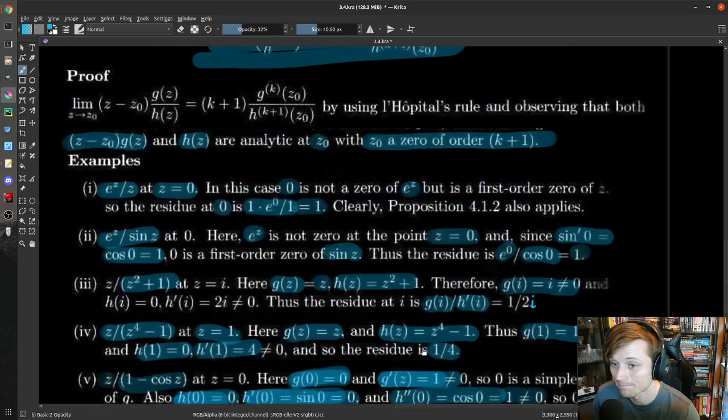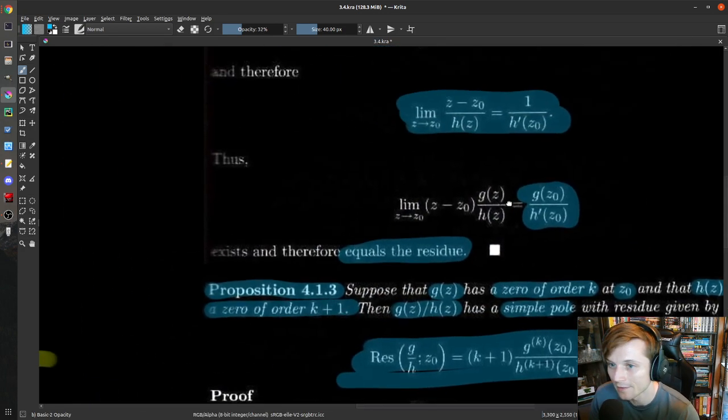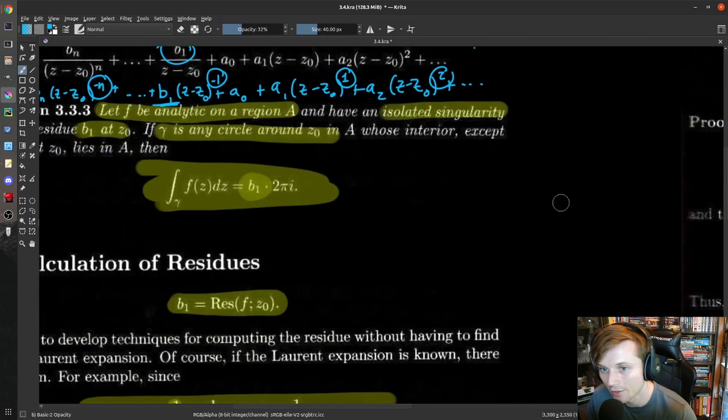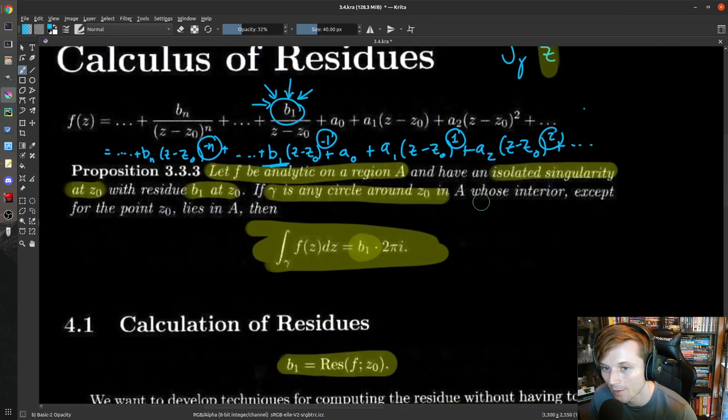All right, so as you can see, this is not really that bad to use. And via proposition 3.3.3, which is kind of this new version of Cauchy's theorem for us, a useful trick, this will let us get at a lot of contour integrals. It will do a lot of nice things for us.